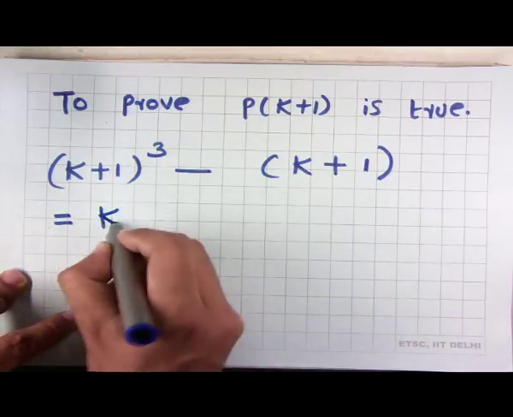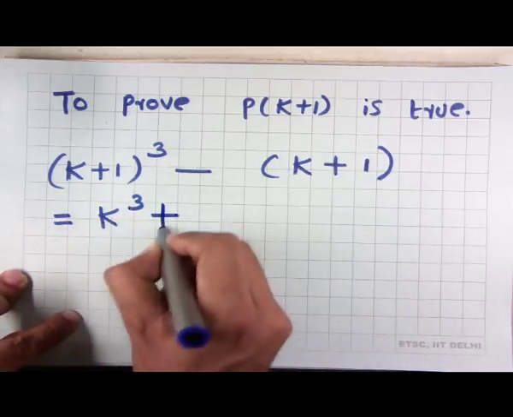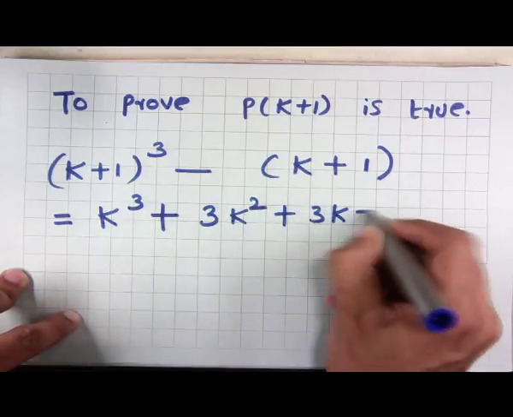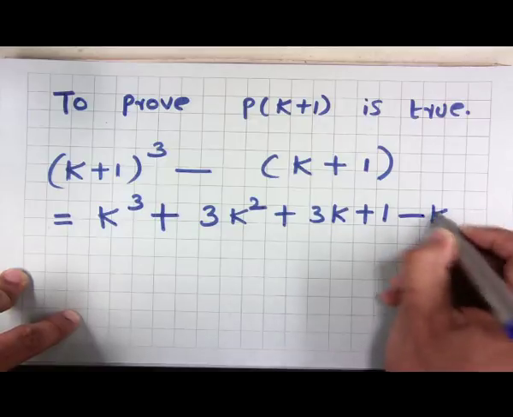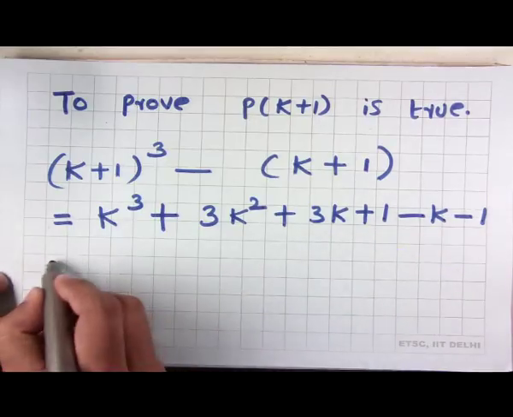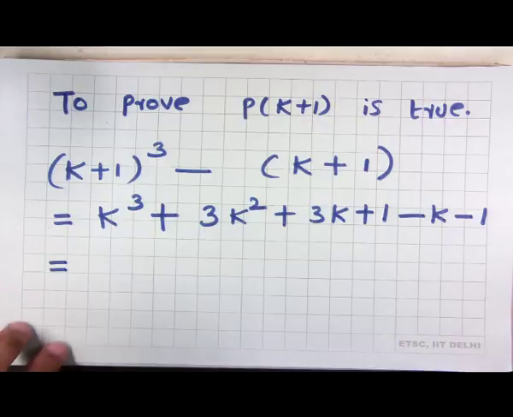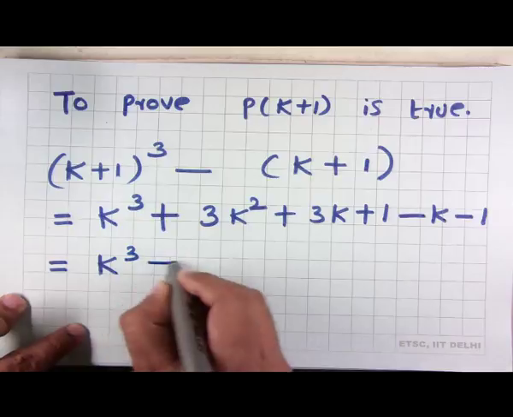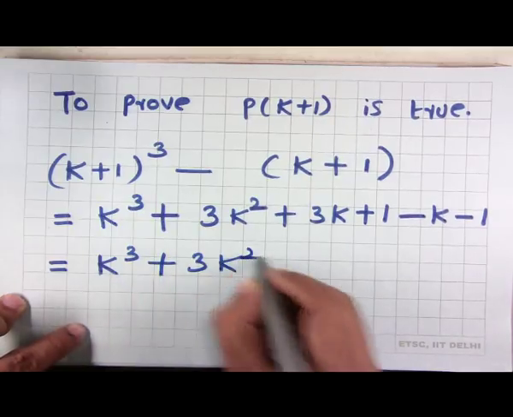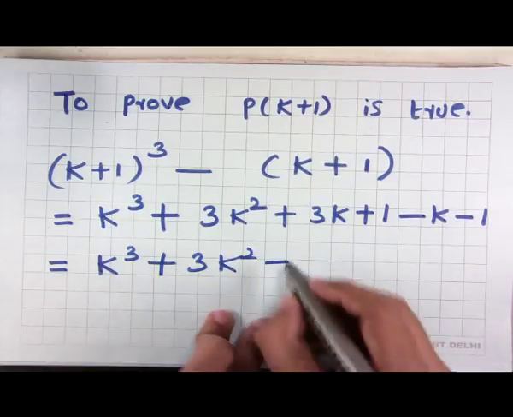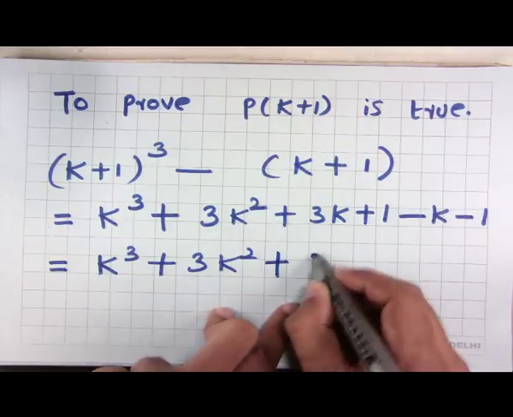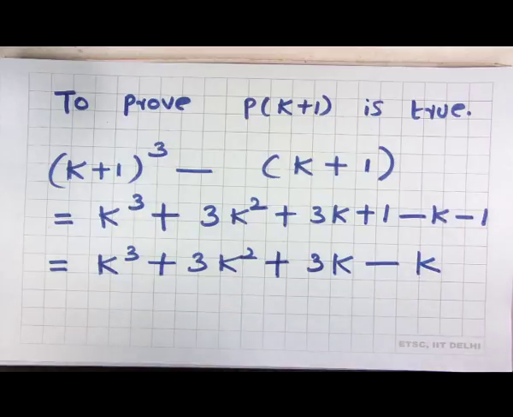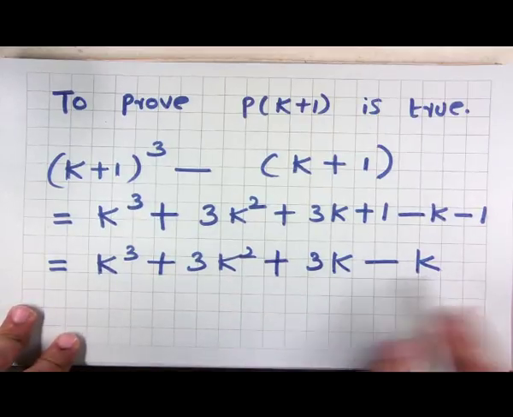Expanding, this is k cube plus 3k square plus 3k plus 1 minus k minus 1. The 1 and minus 1 cancel and you will get k cube plus 3k square plus 3k minus k. I have intentionally put 3k minus k, I have not simplified it.